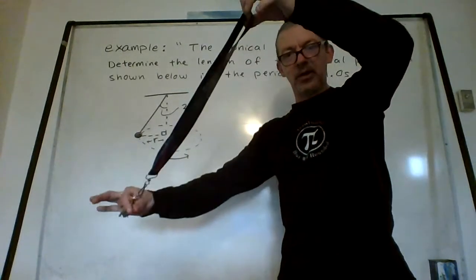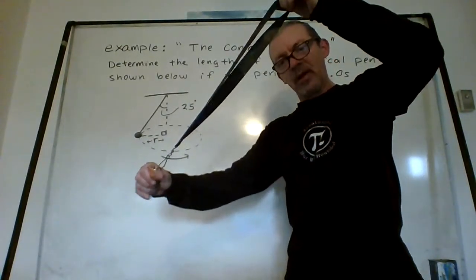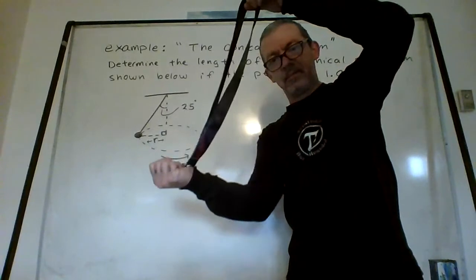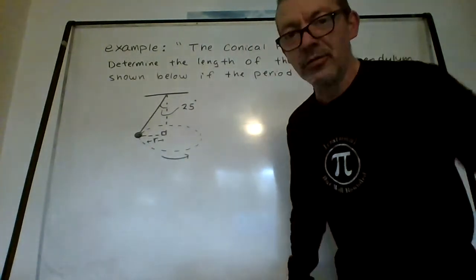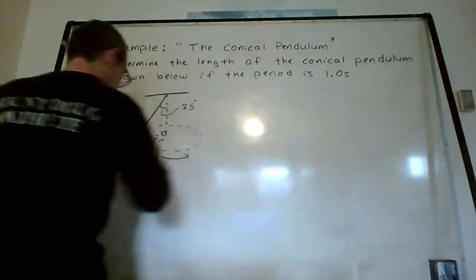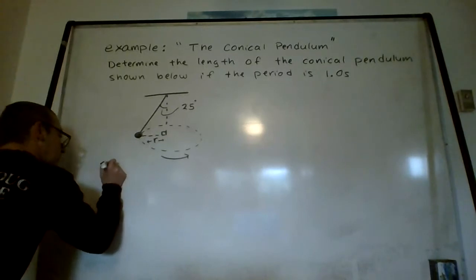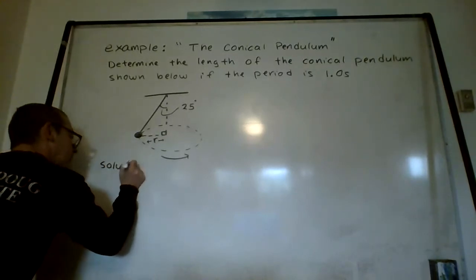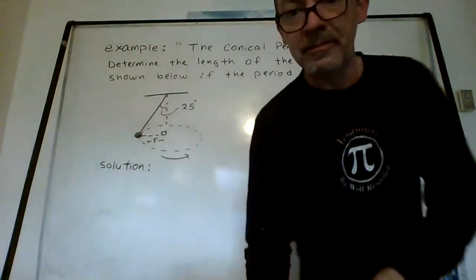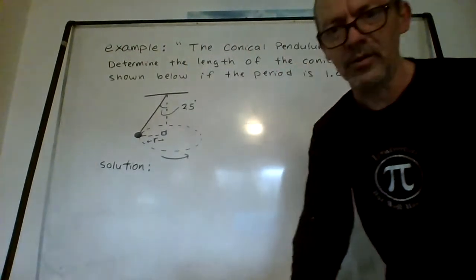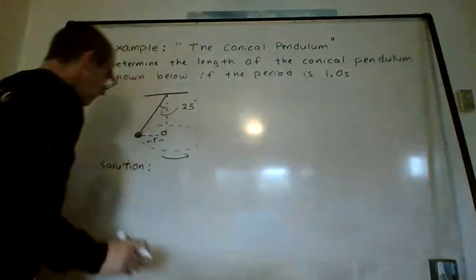So I'm just going to look at my pendulum and say, okay, it's connected to a rope, so there's tension, and it has mass, so therefore there's weight. So my free body diagram will show me 2 forces. So in my solution, I think I have the camera set up so you can pretty much see the bottom of the board, so I can write a little bit more.